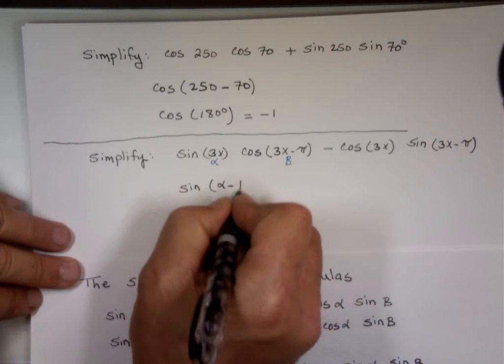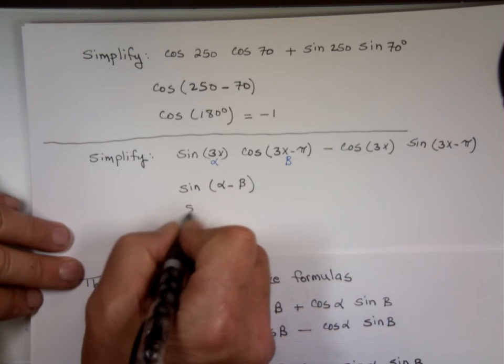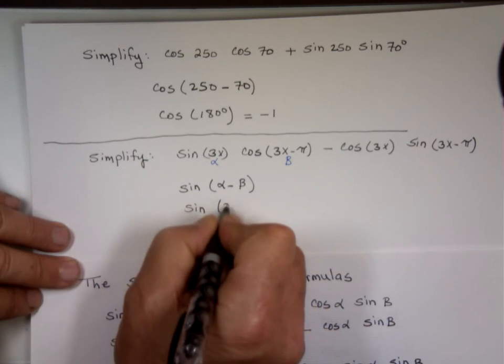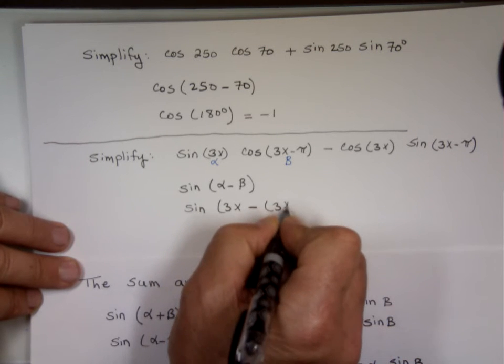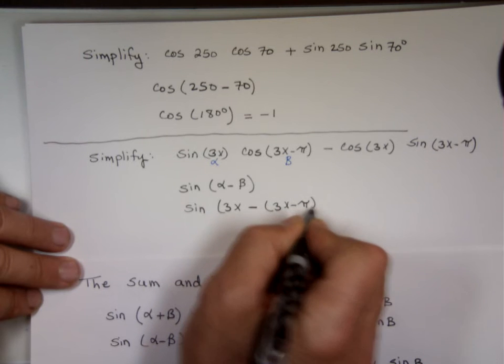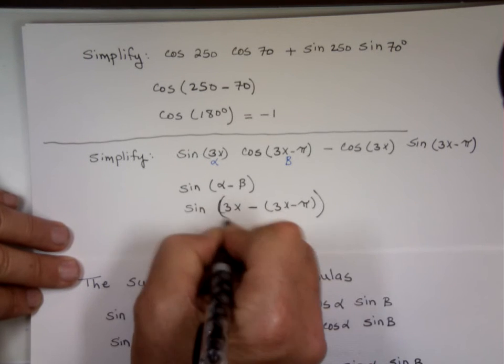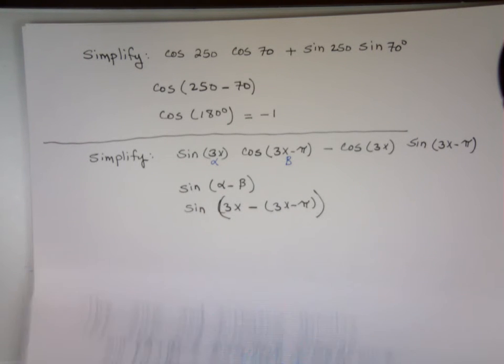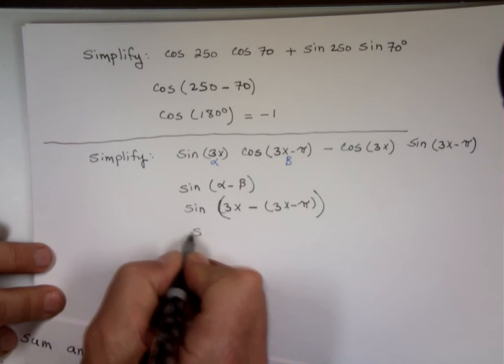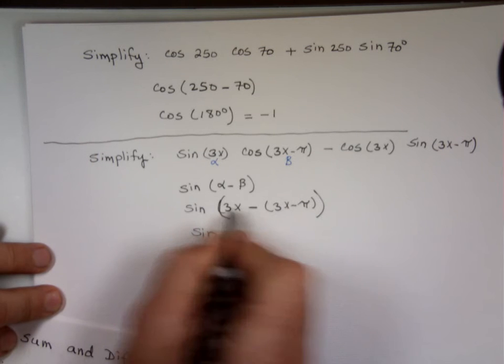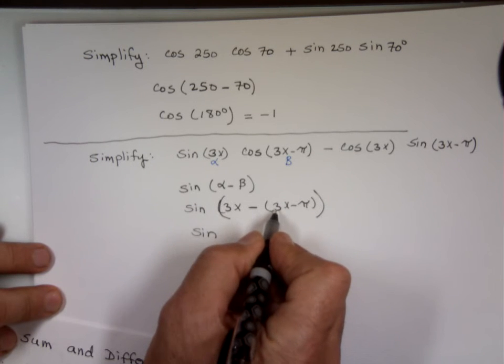What's alpha here? 3x, minus what's beta? 3x minus pi, right? Can we simplify that? That's sine of what? What's going to happen? 3x minus 3x, gone.